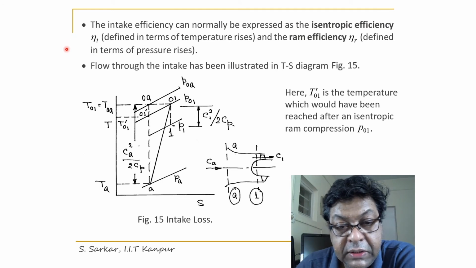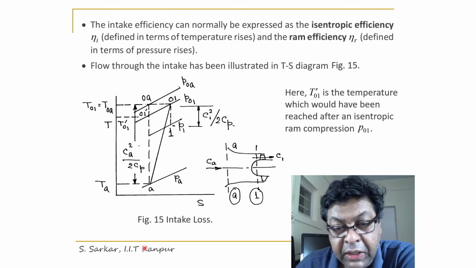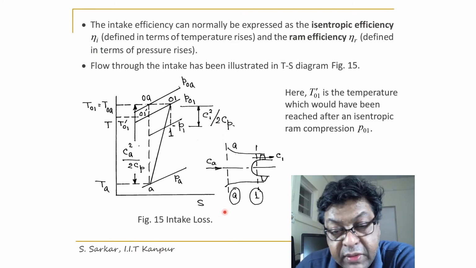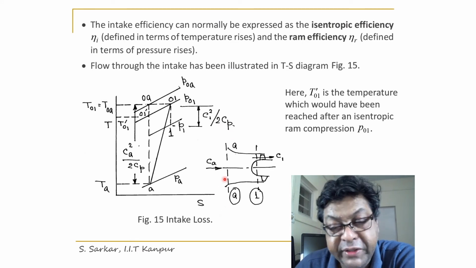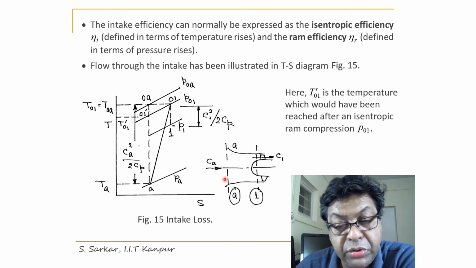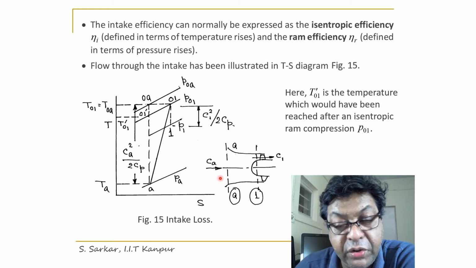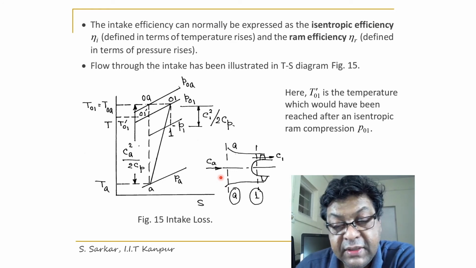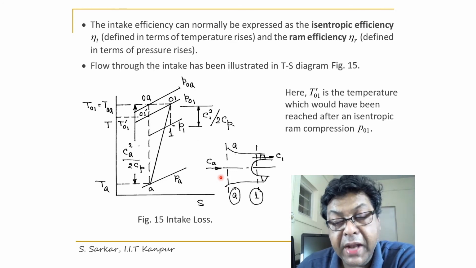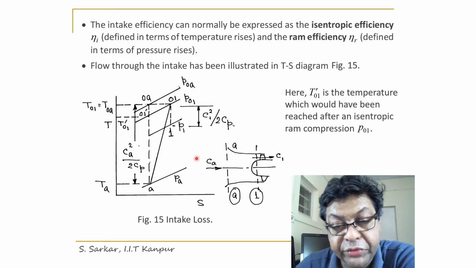Now, as I have told, at section AA, which represents the entry to the intake, the temperature and the pressure will be TA and PA, along with the velocity CA.